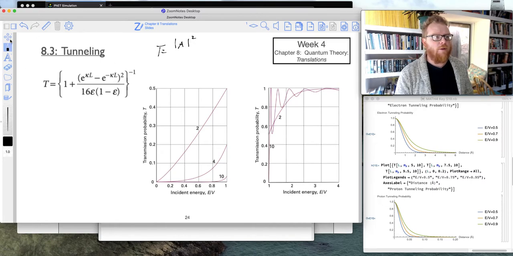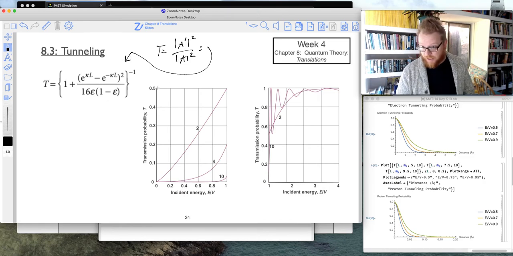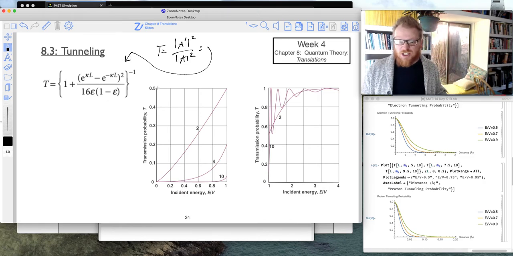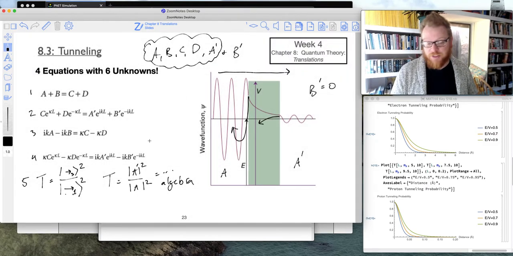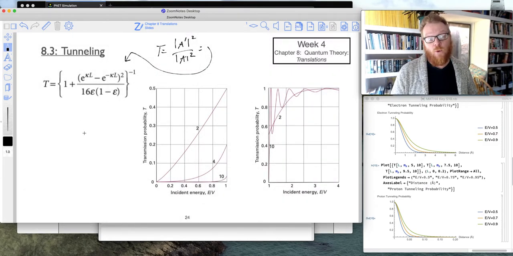Let's make that look a little bit clearer. So the A prime squared over A squared, okay? And all of that, when we do the algebra, plug in those equations, really by using the wave functions, right? Then we get this equation. Here we notice that we no longer need k, we only need kappa, okay?